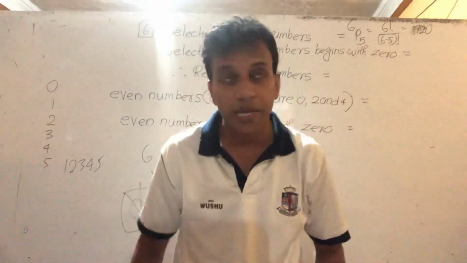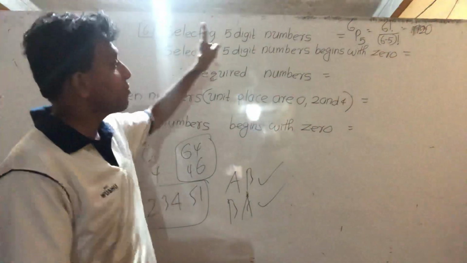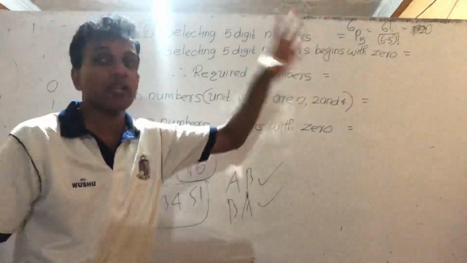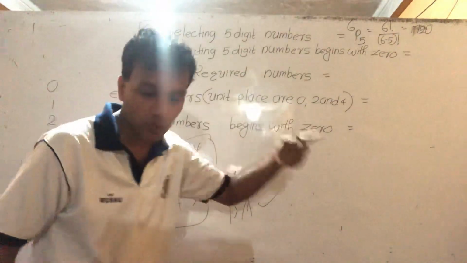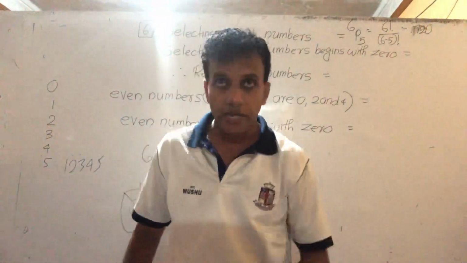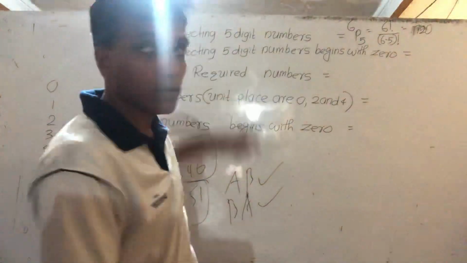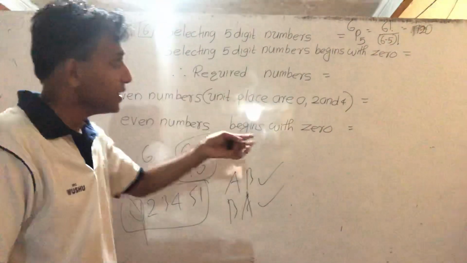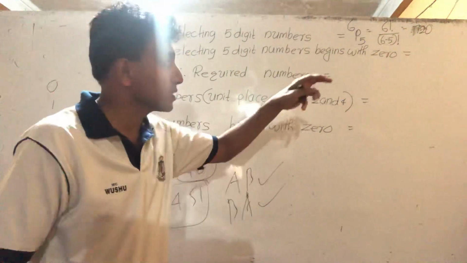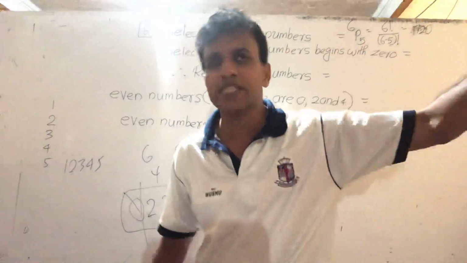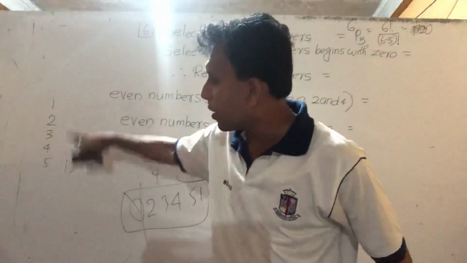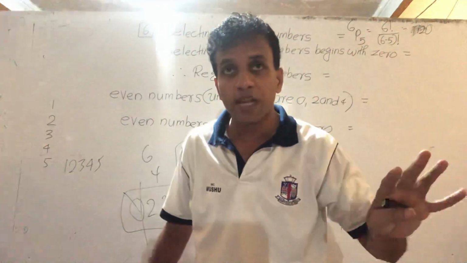Now I want to find the 5 digit numbers that begin with 0. That is simple. You remove the 0, neglect the 0, and see the remaining part, 1, 2, 3, 4, 5, five numbers available.